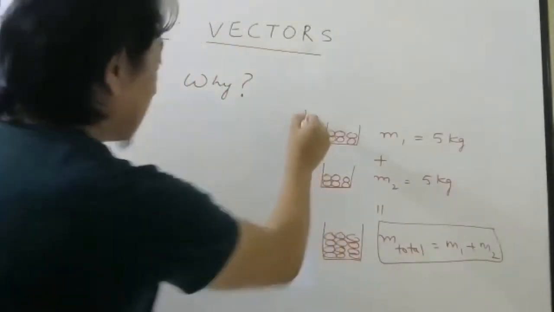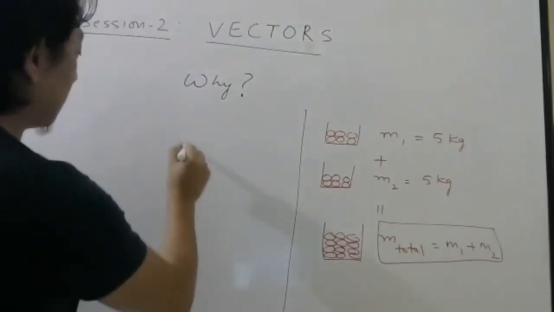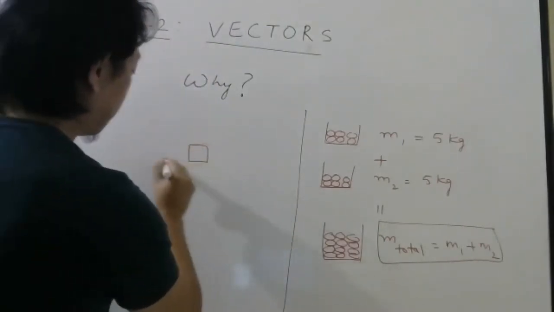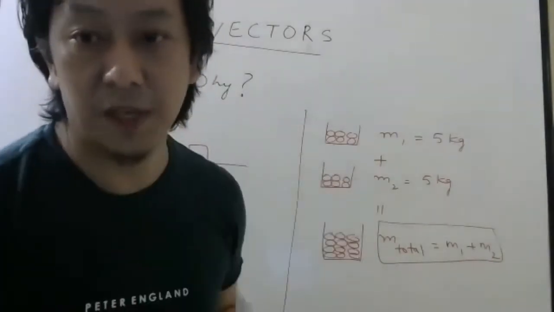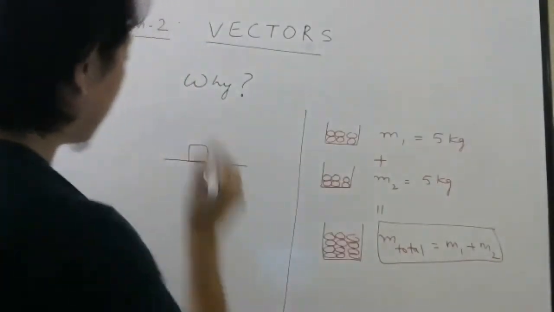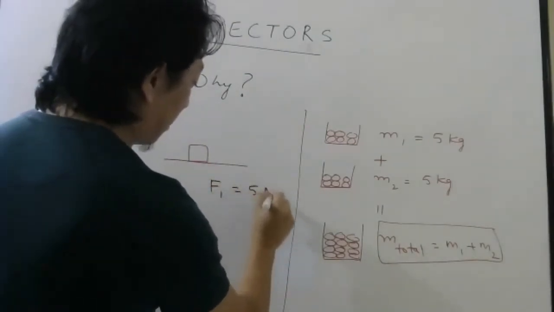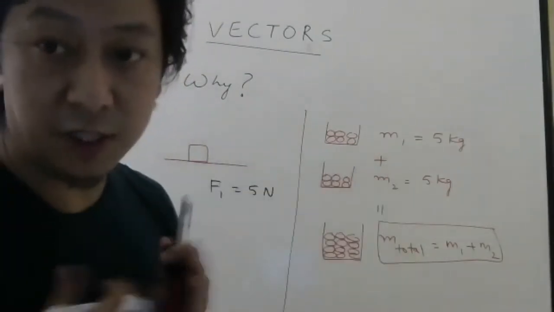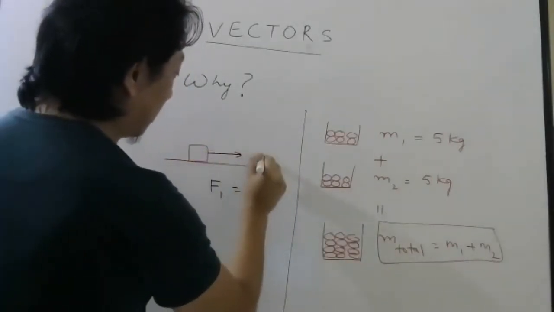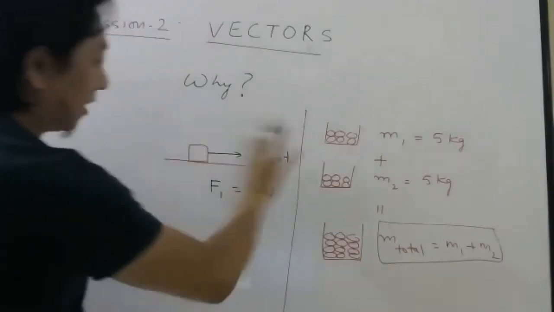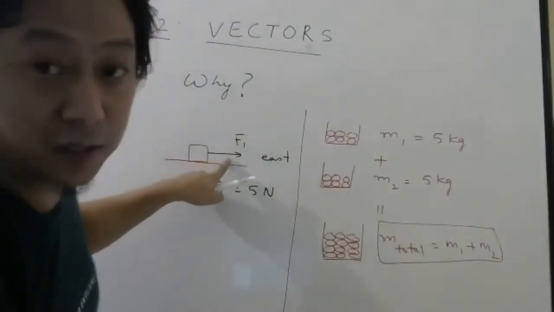Now, there are some other quantities in nature. For example, imagine there is some object here, and suppose I push the object with a force which is 5 Newton. The first force, F1, that I am applying is 5 Newton, towards east in this direction. This arrow is showing the direction.